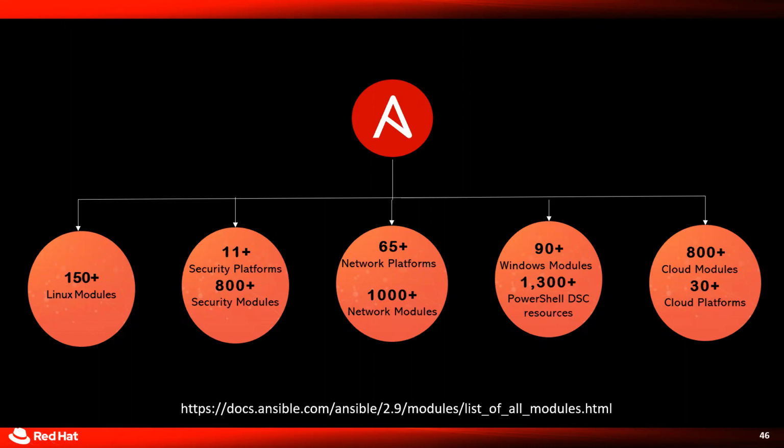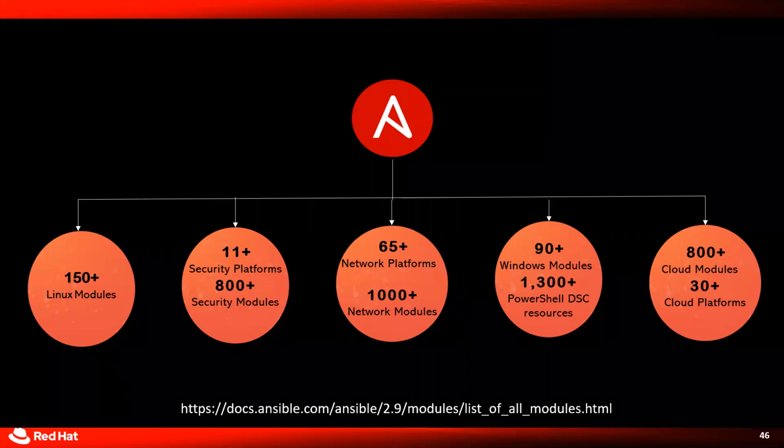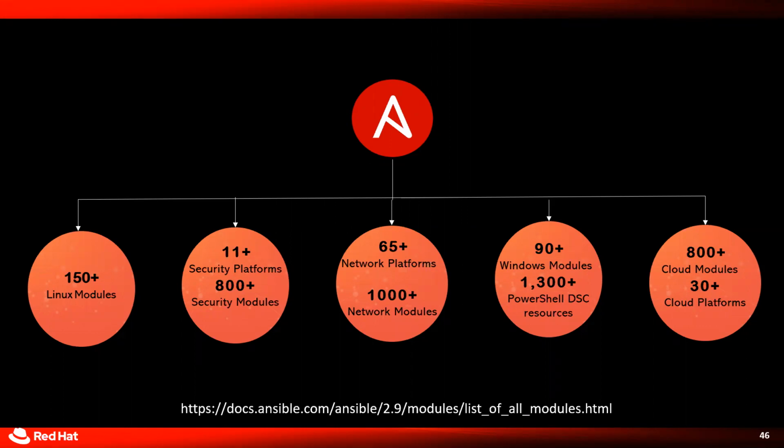And the basic thumb rule here is, if you don't see any module inside Ansible automation, you can simply use the shell module. When you use the shell module, you can run any command on any device. That's the advantage of the shell module. So if you have a module, you can use the module.